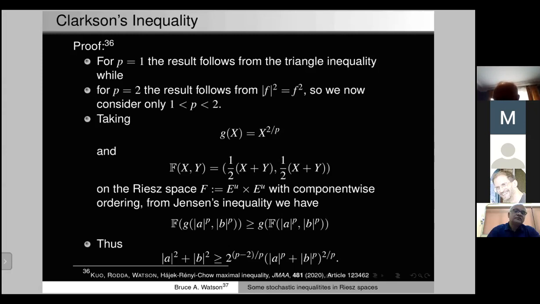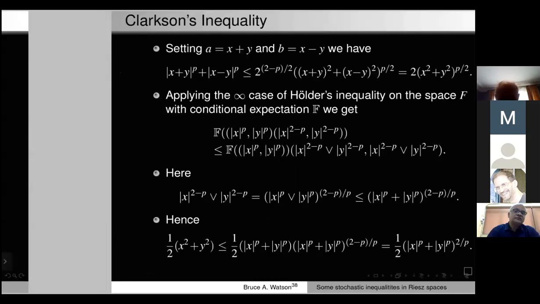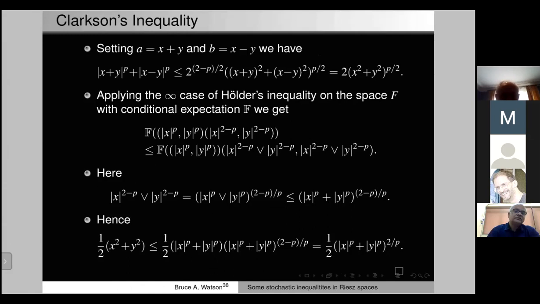We can apply Jensen's inequality, and it gives us the second last inequality here, which when we write it out, gives us the last inequality on the page. Now, taking this inequality and substituting in a equals x plus y and b equals x minus y, we have this first long inequality on the page, which we can expand a little bit using our knowledge of squares.